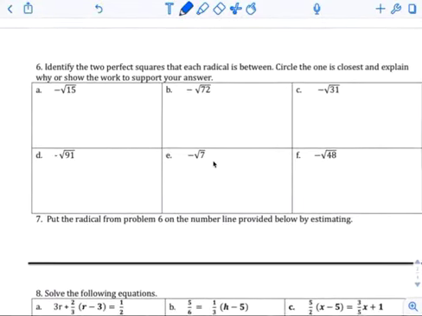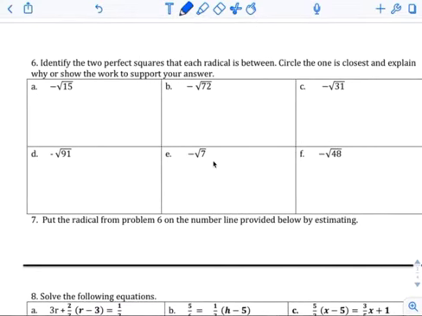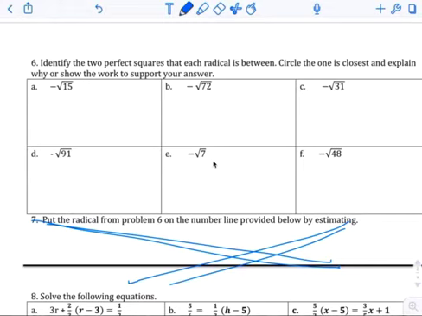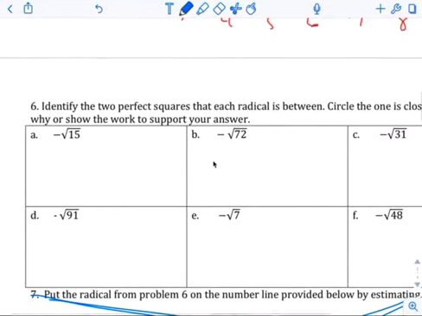This is the same. Negative is no different. You don't have to do number 7. I numbered it wrong on your paper. So you don't have to do number 7. All you have to do is find which one it is closer to. You don't have to explain why either.